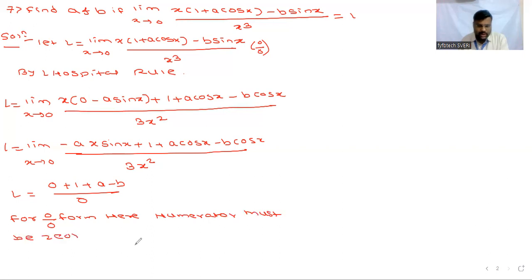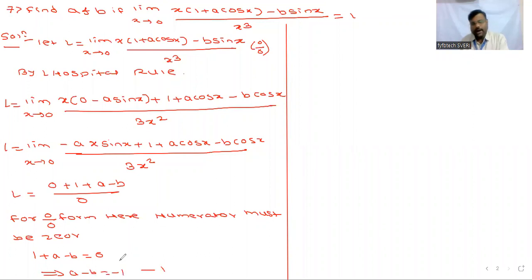So 1 + a − b equal to 0. This implies a − b is equal to −1. We got equation 1.